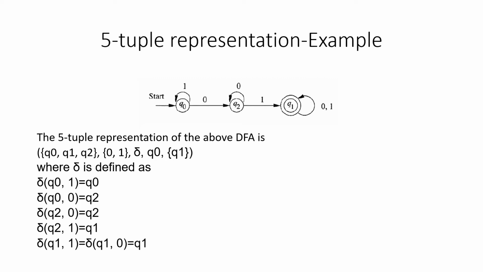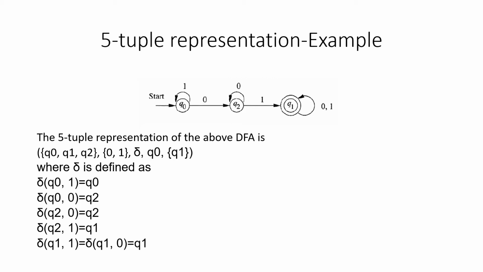In our example we have only one accepting state, but actually there can be more than one, so we always represent the accepting states in set notation. In our example, the accepting state is Q1. How do I say that Q1 is the accepting state? An accepting state is denoted by a double circle. So here Q1 is the accepting state.